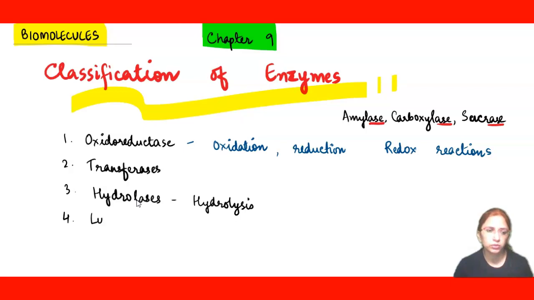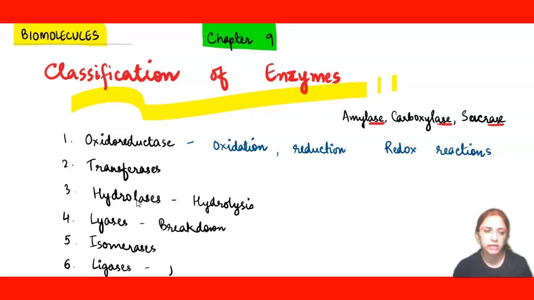Fourth includes lyases, and lyases always help in the breakdown. Fifth includes the isomerases, and they help in bringing the isomerization. Last class includes the ligases that help in joining of two structures together, right?